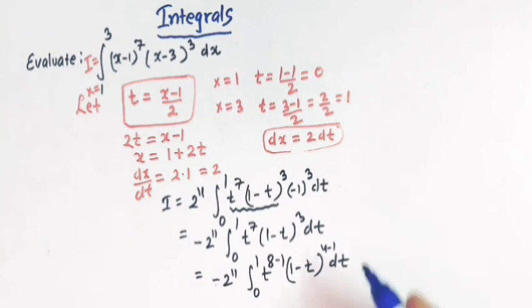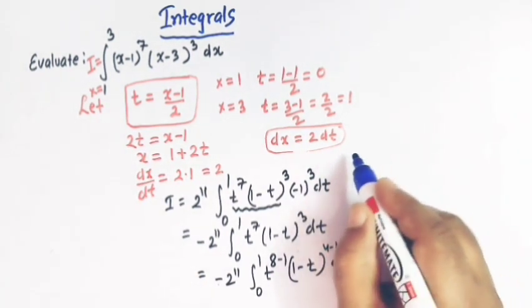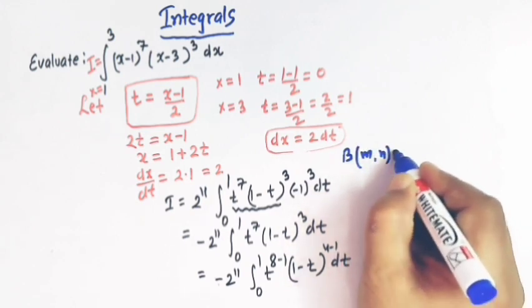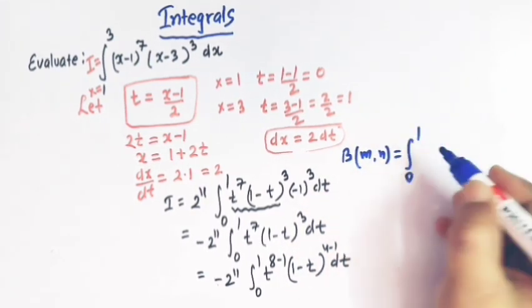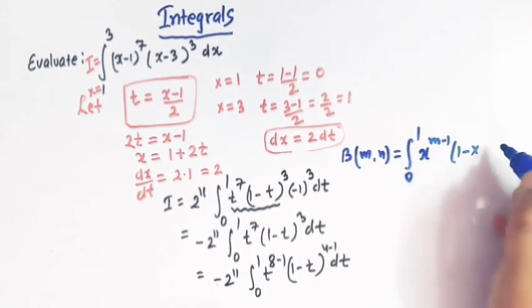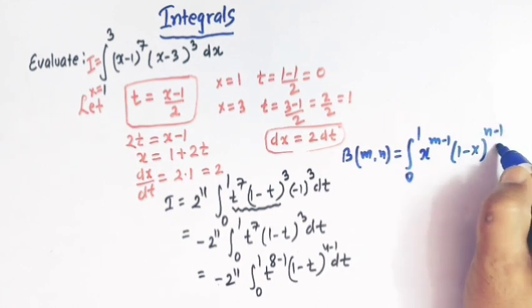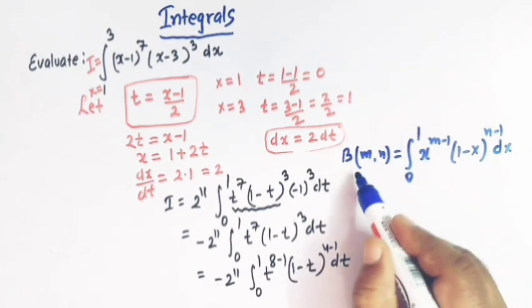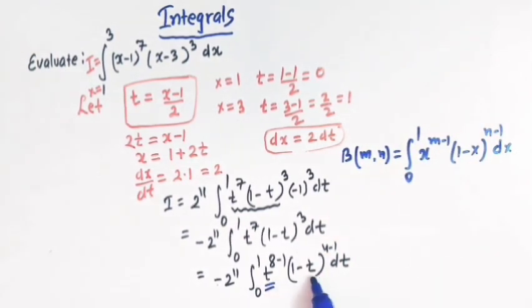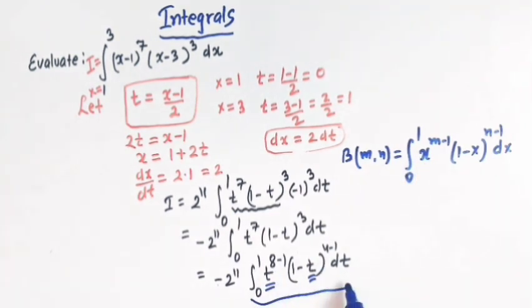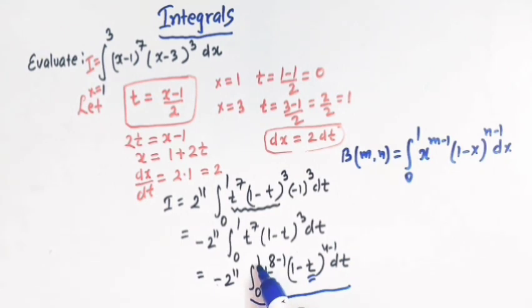So now the Euler's integral of first kind can be expressed as beta m n, and we have 0 to 1 x raised to m minus 1 and 1 minus x raised to n minus 1 dx, right? So this is defined as the beta integral, and here we have the variable t in place of x. And if we compare this integral with this one, we have 0 to 1, then x raised to m minus 1, right?